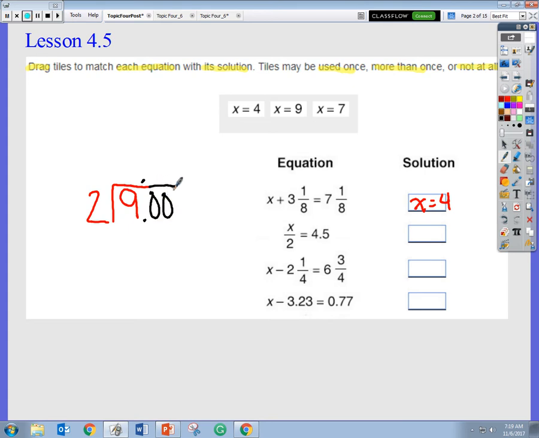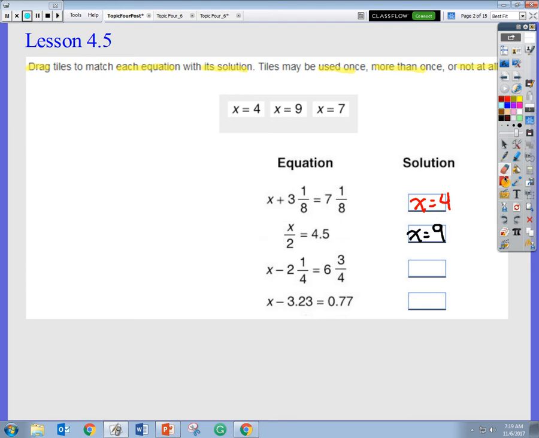I'll extend this division bar out. What factor times 2 gives me close to 9? Well, it is 4. 4 times 2 gives me a product of 8. I subtract. I have a difference of 1. Annex down that 0. 2 times what factor gives me 10? Well, it's 2 times 5. Hey, we need 4.5. So now I know that this will have to be x is equal to 9, because half of 9 is 4.5.